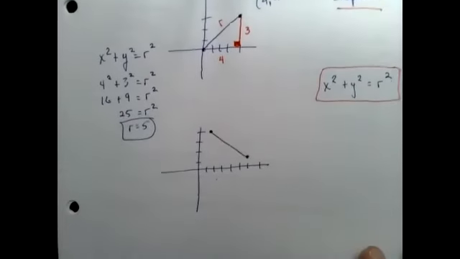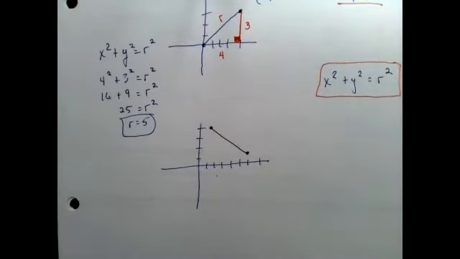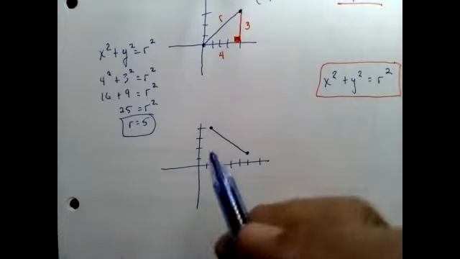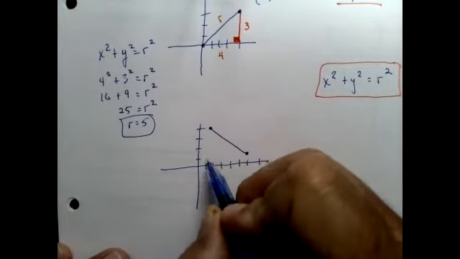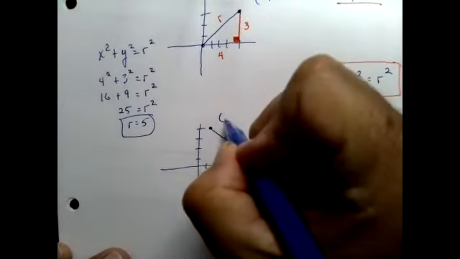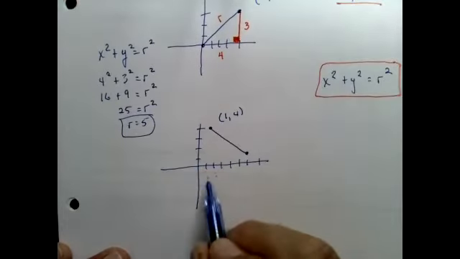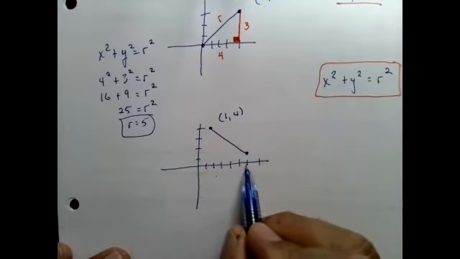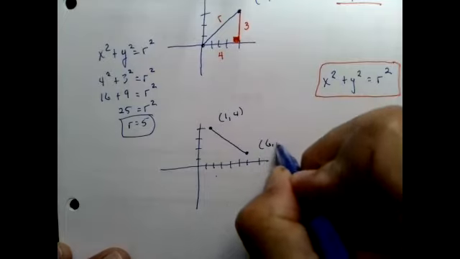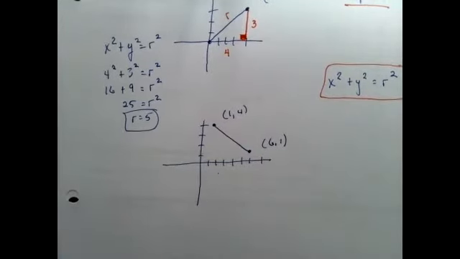Okay. Well, what about this guy? What's his distance? First of all, the point is 1, 1, 2, 3, 4. So that's 1, 4, 1, 2, 3, 4, 5, 6, 1. I know some of you are drawing that, so I'll give you a second.